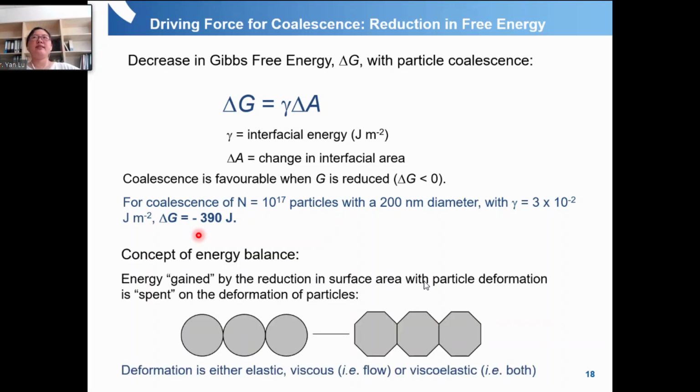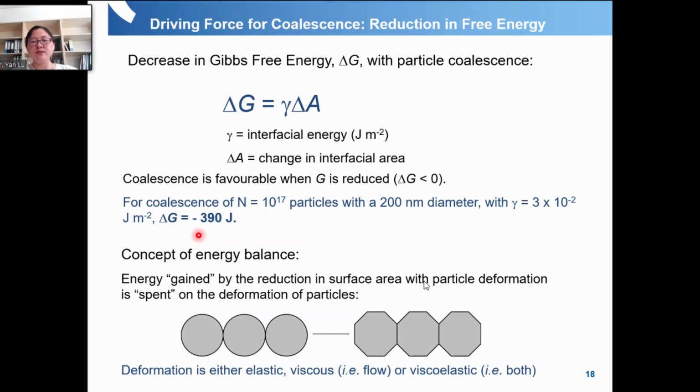And here one concept is very important, because energy always has a balance. Here we have gained energy by the reduction in the surface area with the particle deformation to form particle coalescence. And such energy, which we gained from the Gibbs free energy, is actually spent on the deformation of the particles.